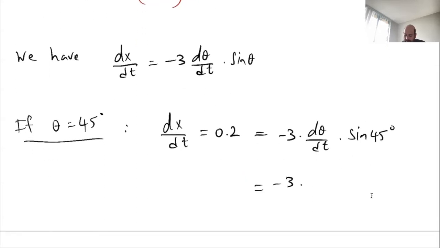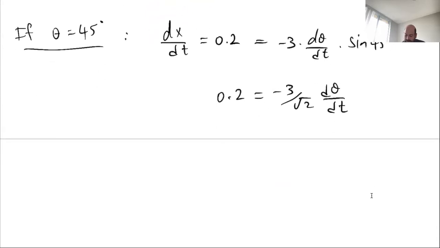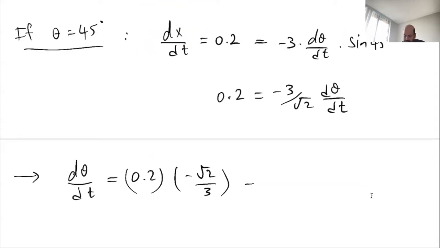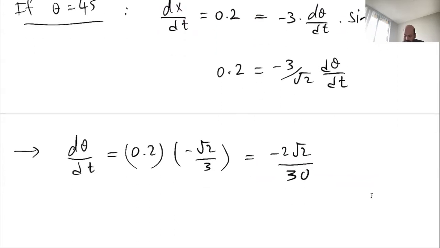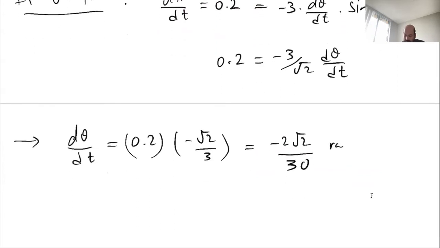And this is -3 over √2 d theta to dt, which is equal to 0.2. So we want to find d theta to dt. So d theta to dt is equal to 0.2 times -√2 over 3. So this is going to be -2 √2 divided by 30 radian per second.